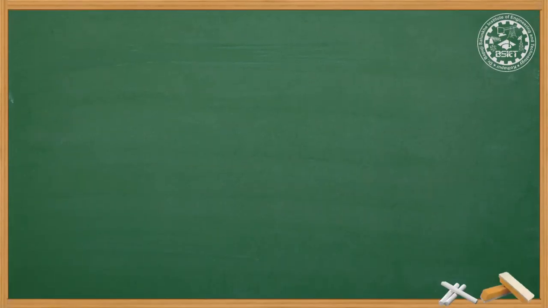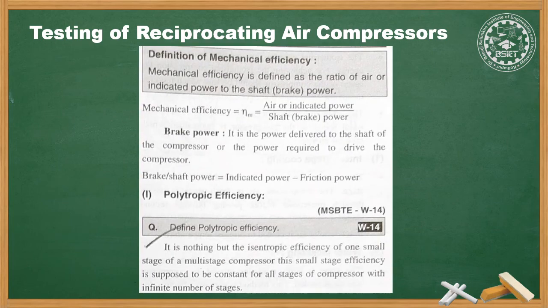Next point is mechanical efficiency. We know that mechanical efficiency is defined as the ratio of air or indicated power to the power at the shaft, that is brake power.